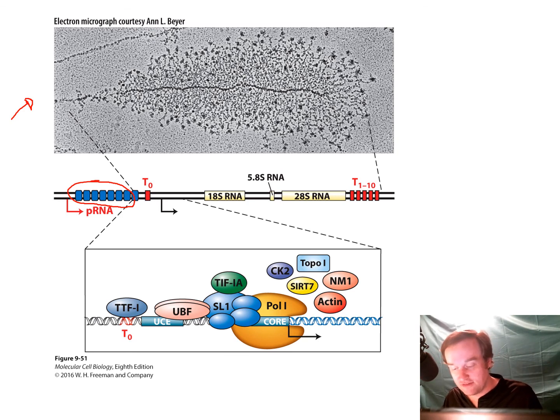And we also have these termination sites here in red, and that is bound by pol 1 specific termination factors, which we call TTF1. And so that stops or ends the transcription.